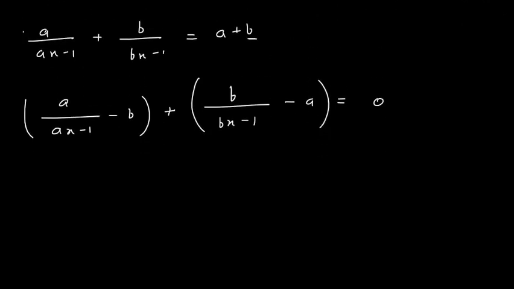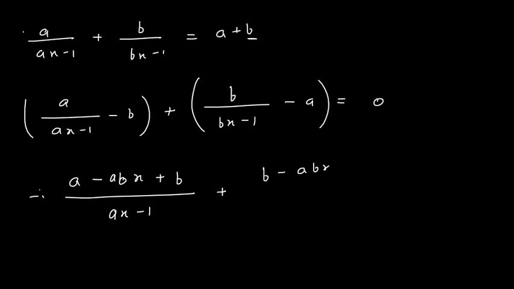So when I cross multiply I will get, therefore here I will get a minus, this is a into b into x, then minus minus it is plus b, and this whole divided by ax minus 1 plus here we get b minus abx plus a and whole divided by bx minus 1, and this is equals to 0.